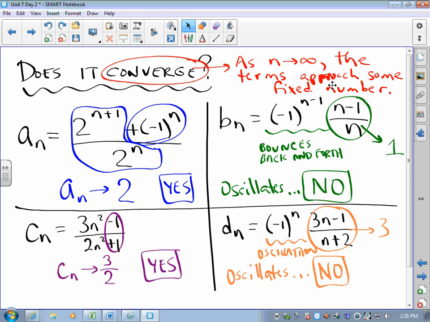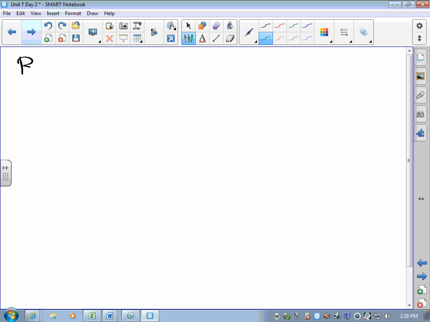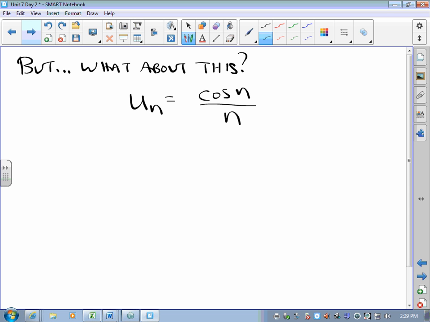Yay. But what about this? The numerator bounces back and forth between numbers that are close to -1 and numbers that are close to +1, and numbers that are close to 0, just bouncing around.